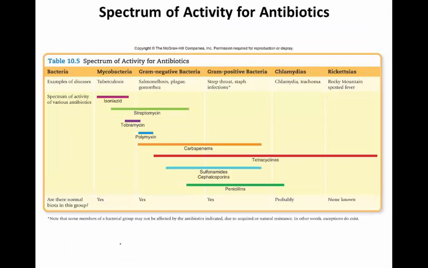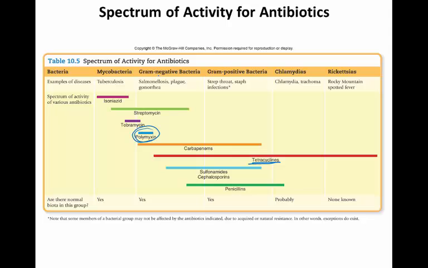Now, if you look at this next slide, you can see the spectrum of activity for certain drugs. Polymyxins and how they work make them a very limited spectrum, so a narrow spectrum antibiotic. The one that I feel like you should sort of know is tetracyclines. Eventually we'll talk about the tetracyclines. These have the broadest spectrum of activity, and the tetracyclines have a very broad spectrum because of how they work.